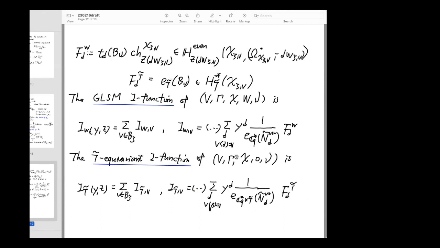This will define the GLSM I function. This F is already an element in the hypercohomology twisted de Rham complex. And recall that this N tilde is the natural extension of the virtual normal bundle. So if we follow the recipe, this is the definition of the GLSM I function.